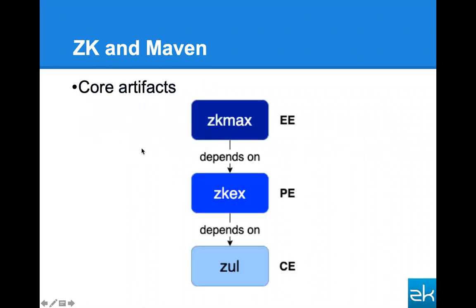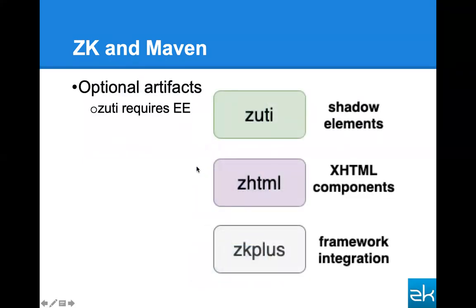And if you want to use ZK, there are 3 core dependencies, and you need to include one of them. If you use ZK EE, you just need to include ZK Max. If you use ZK PE, you need to include ZK EX. If you use CE, which is free, you need to include ZUL. And there are 3 optional artifacts.